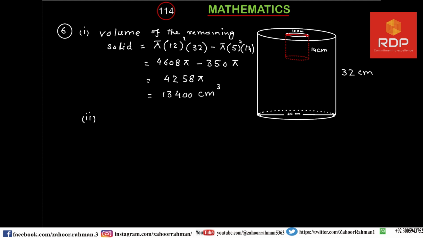The second part is saying find the area that will be covered in paint. So in this part we will only have to find the area of the outer shape.